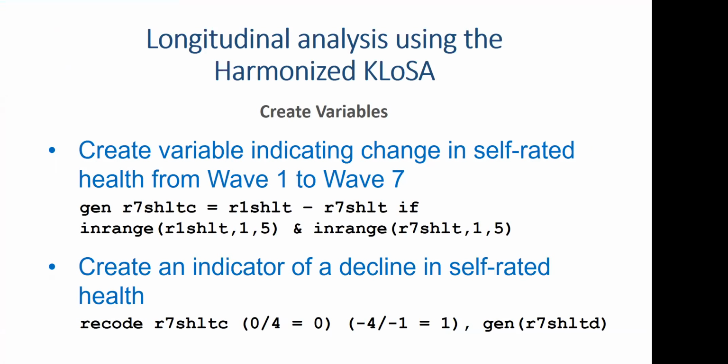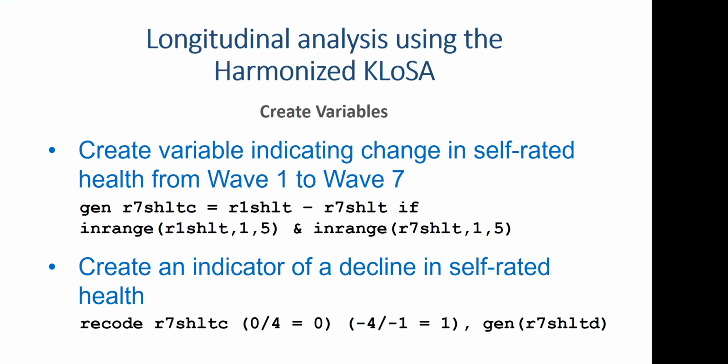So now we're going to create an indicator of a decline in self-rated health. To do that, we're going to use a command called recode to adjust the values from R7SHLTC. So values of 0 through 4 of R7SHLTC, meaning no change or an improvement in self-rated health, we're going to assign a value of 0.